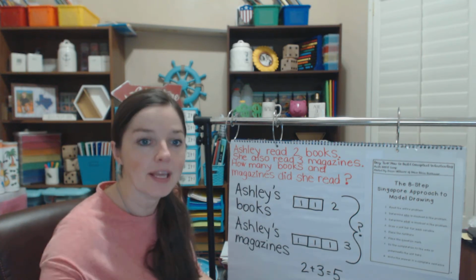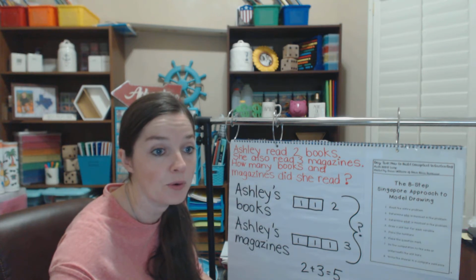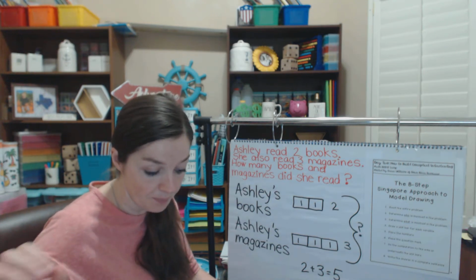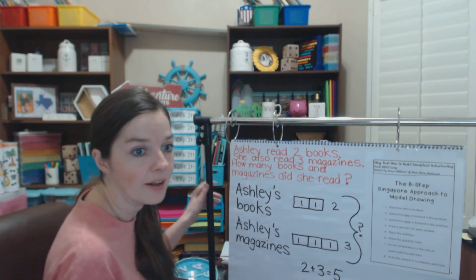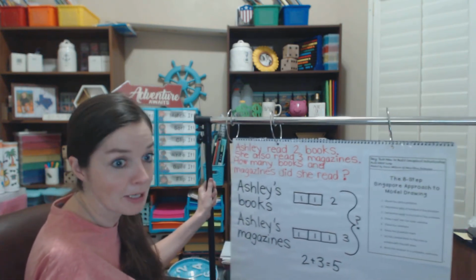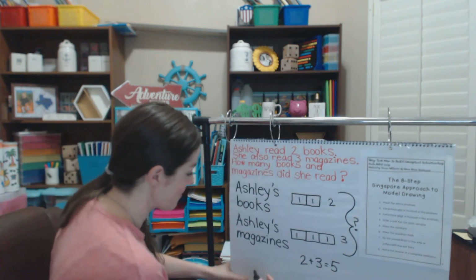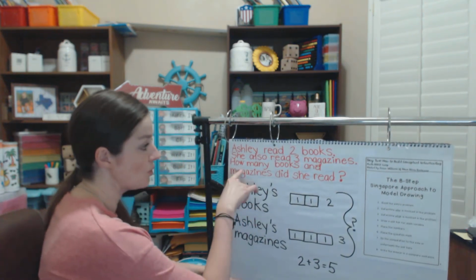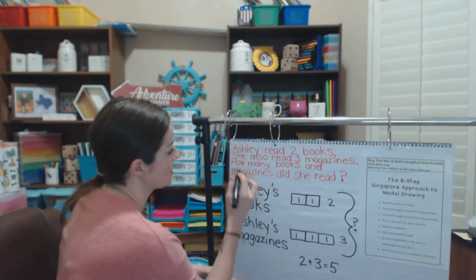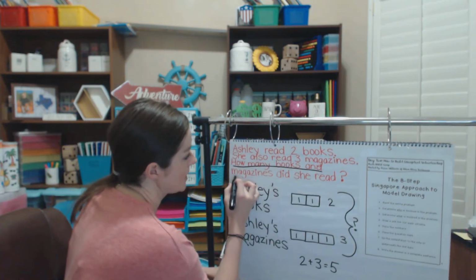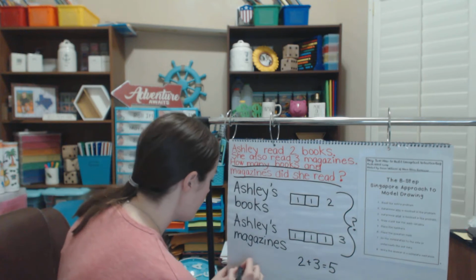And the final step is we are going to answer the question in a complete sentence. And so here we would write it at the bottom. I'm going to try to scoot it back so you can see a little bit. I'm going to use the question to help me frame my answer. So how many books and magazines did she read?